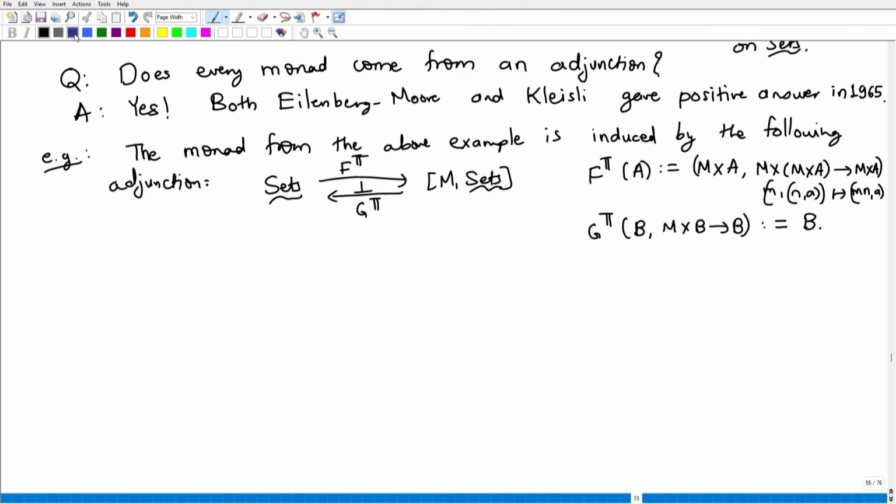Okay, so our first answer is going to be a definition. The Eilenberg-Moore category, I am just going to write EM for this.